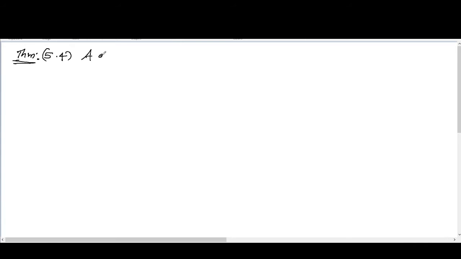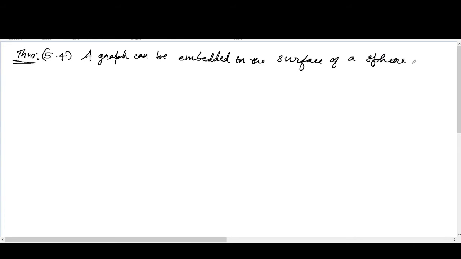A graph can be embedded in the surface of a sphere if and only if it can be embedded in a plane.